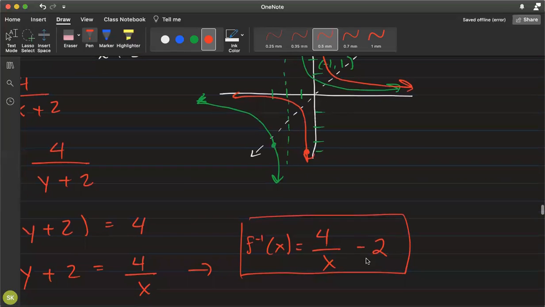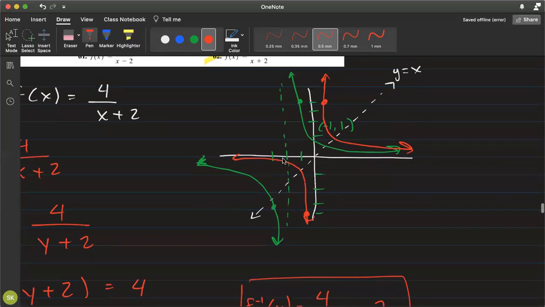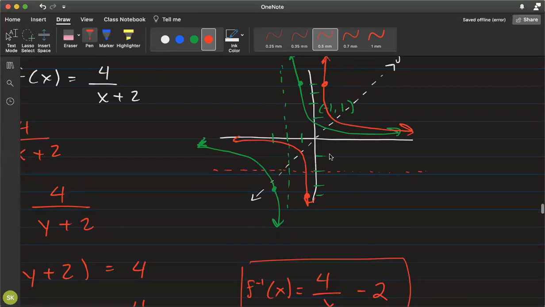And then we're going to move the graph down 2 units. So this asymptote, which I think I called y is equal to 0, that's actually x is equal to 0. This asymptote is y is equal to 0, and that's moved down 2, so it's moved to here. Which means that this line here is going to be moved down 2 units as well.